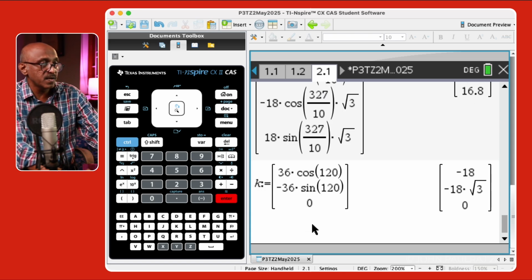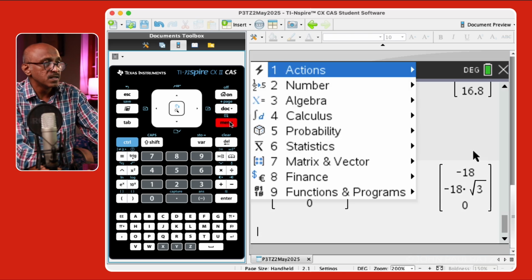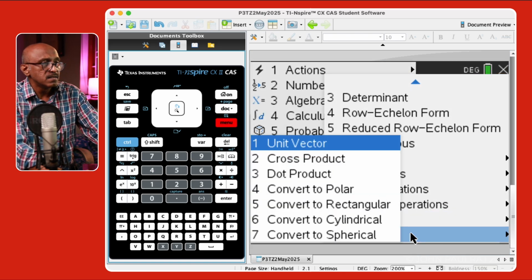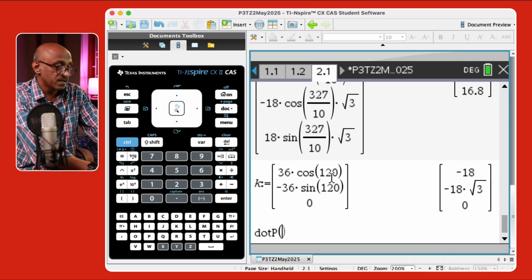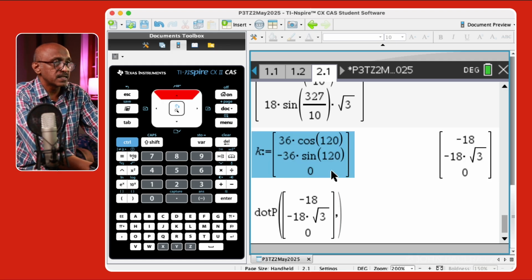Okay, this is my k. Now I want the dot product of this one with the other vector that we have. So let's just go, no, not statistics, vector dot product. I want the dot product. This is the numerator. The dot product of this vector, comma, this vector.